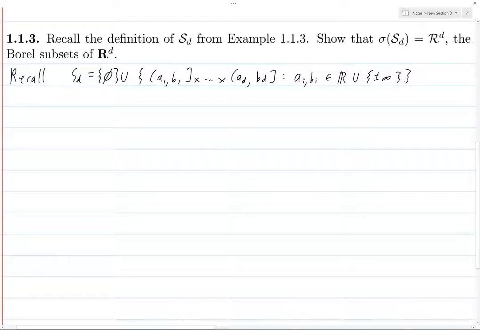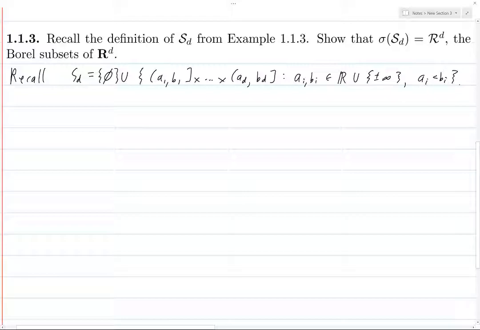And of course, we also have a_i less than or equal to b_i. Well, wait, no, it has to be strictly less than. That's not mentioned in the textbook, but it's sort of implied by the way that these intervals are written.